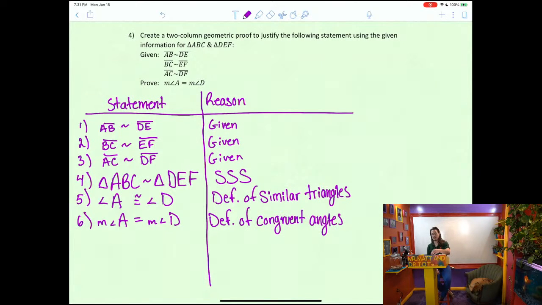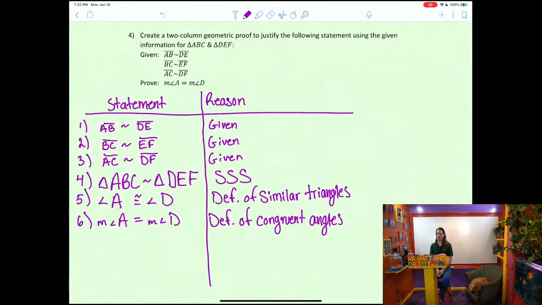Okay, so this one was a little bit more straightforward. Starting with the three given statements of these corresponding line segments being proportionate to each other, we can immediately prove that triangle ABC has to be similar to triangle DEF because of the side-side-side similarity postulate. If we're able to prove that three corresponding sides between two triangles are in proportion to one another, then we know that the two triangles overall are similar to one another.